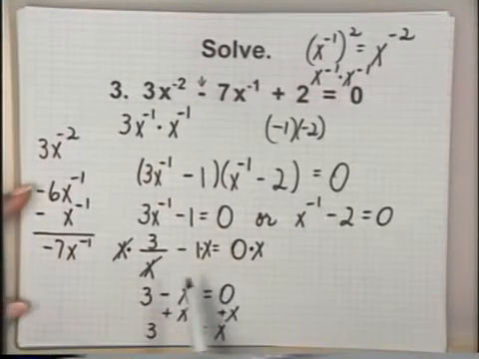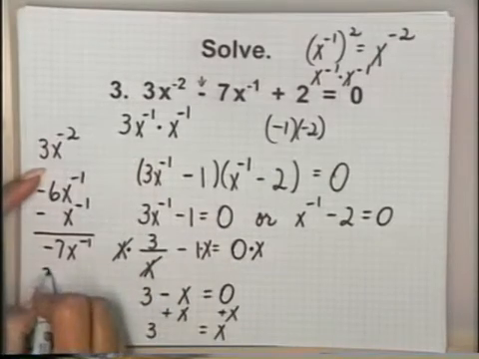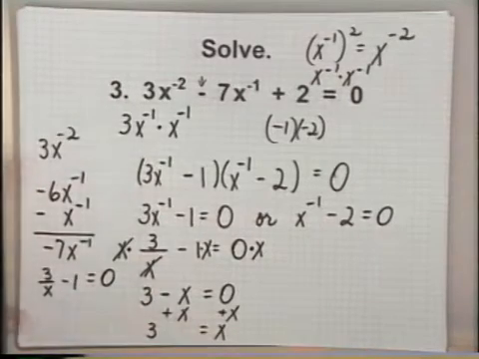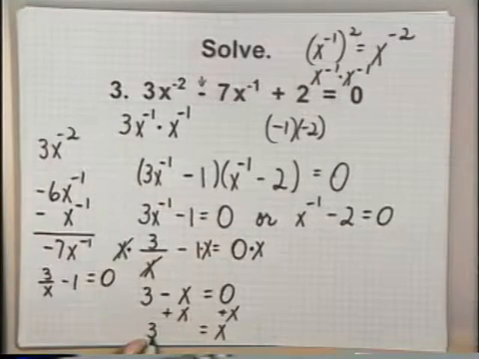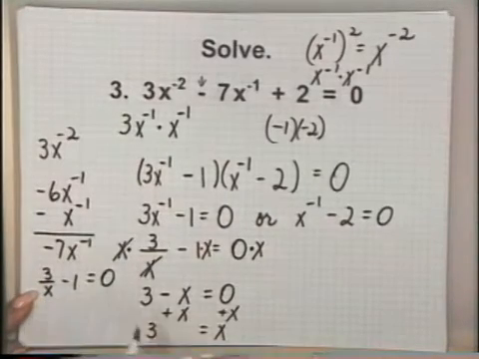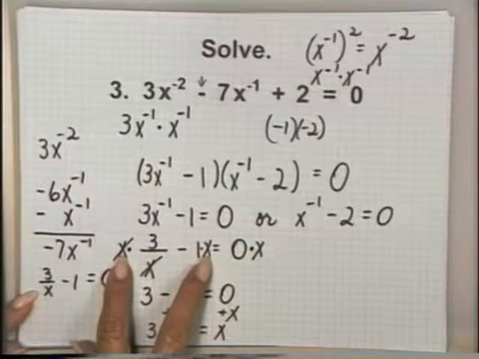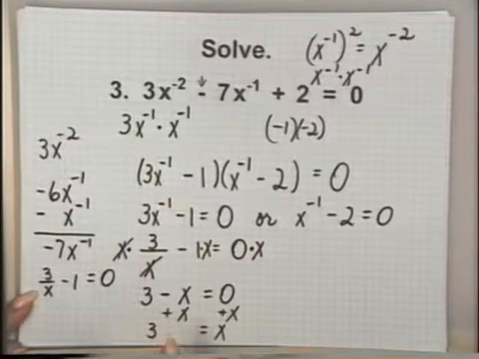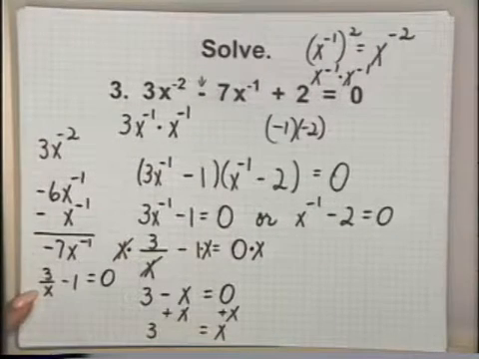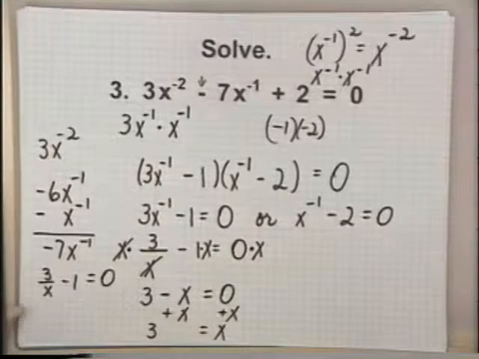Now, one thing I need to check, I've sort of messed up this equation. This equation was 3 over x minus 1 equals 0. I've got to make sure that this 3 does not make this denominator equal to 0. Remember that any time that we multiply both sides of an equation by a variable factor, we can introduce extraneous solutions, and those would be solutions that make the denominator equal to 0.